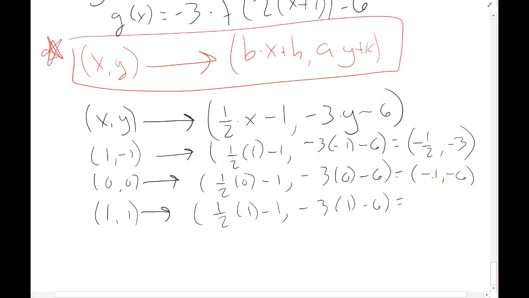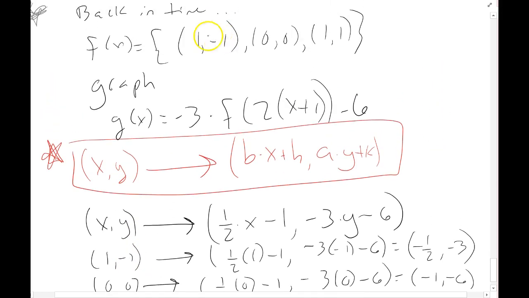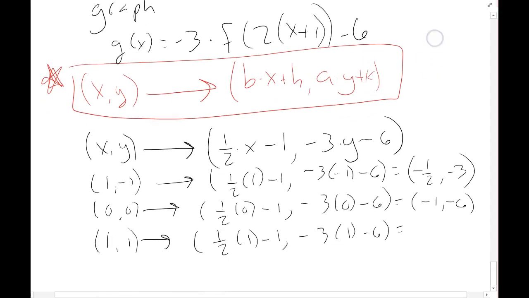So when I do that, oh my goodness, this is a mistake. My apologies. I meant to write this as -1. And what is the reason why I knew that was a mistake?